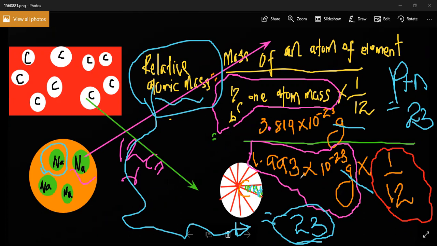I'm just talking again. To find the relative atomic mass: mass of an atom of the element over 12C carbon, one atom mass into 1/12. This is always constant here. Every time, this part will be like this, will be divided here. If they give sodium, you put sodium here.